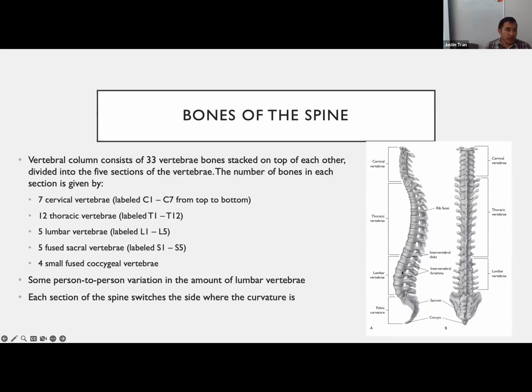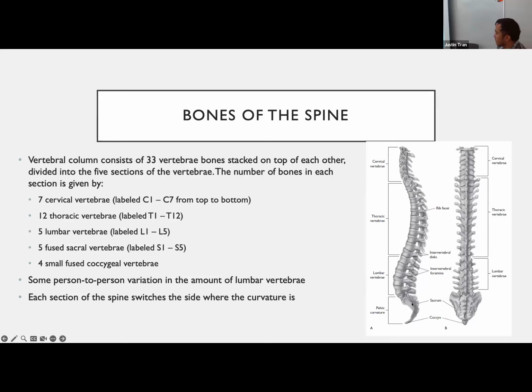Okay. And then the last 2 sections of the vertebrae are technically different bones, but by the time you reach adulthood, these bones all fuse together into one. So they can't really move past each other like the other bones can. So you have 5 sacral vertebrae. So that is basically the vertebrae that are in this section right down here. Okay. So that's S1 through S5.